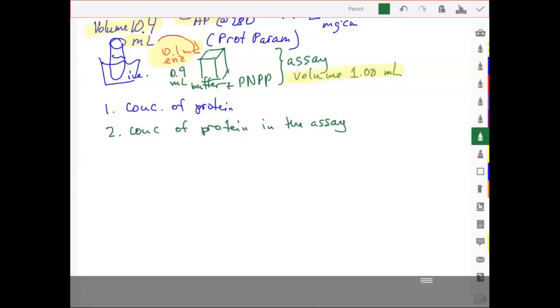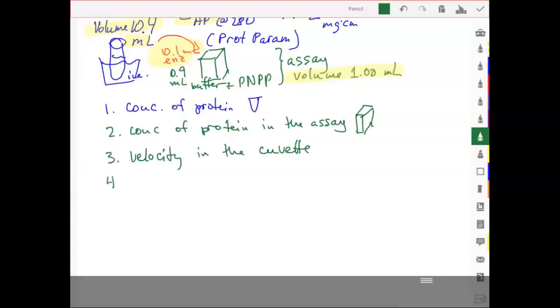So in the cuvette, one is in the original tube, the other in the cuvette. Then next, we're going to be thinking about velocity in the cuvette. That's the velocity of the reaction catalyzed by our enzyme.